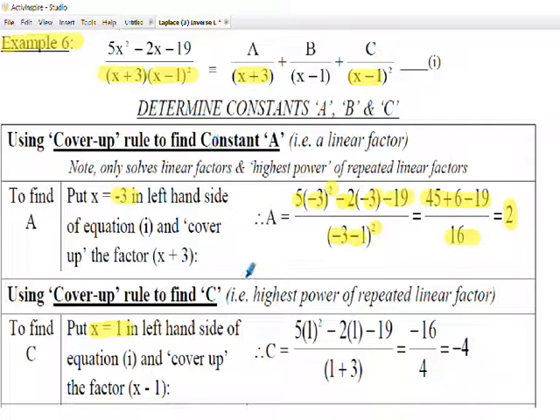So again, putting the value of 1 this time into the numerator, I get 5 times 1 squared, take away 2 times 1, take away 19. On the bottom, because I'm looking at the x plus 3 bracket, I will get 1 plus 3. Again, if you follow the arithmetic through there, you'll end up with a minus 4 for the value of c. So we've got our a and our c constants determined.